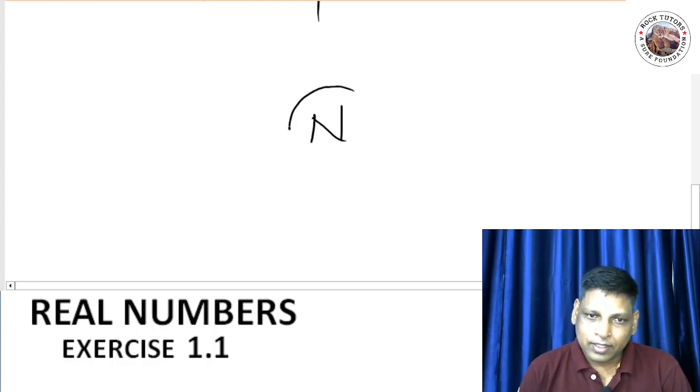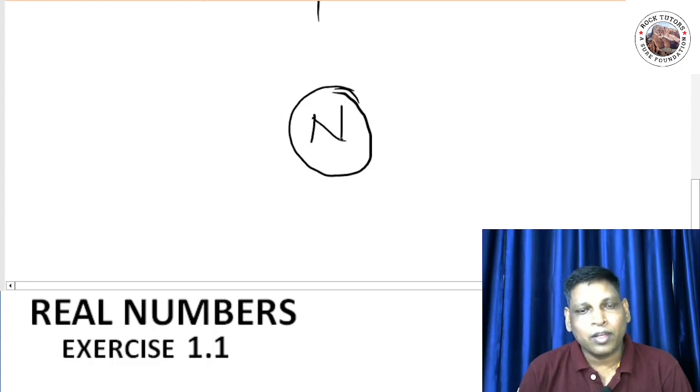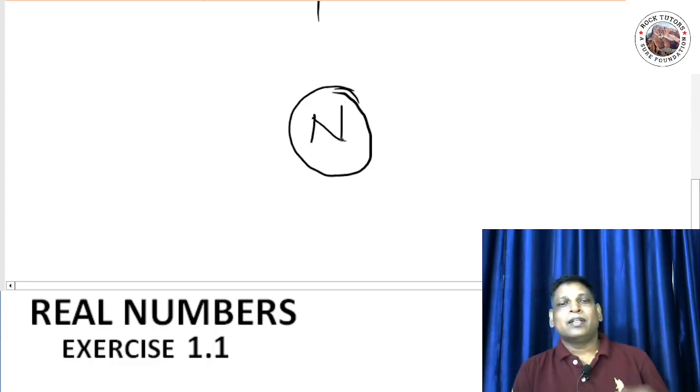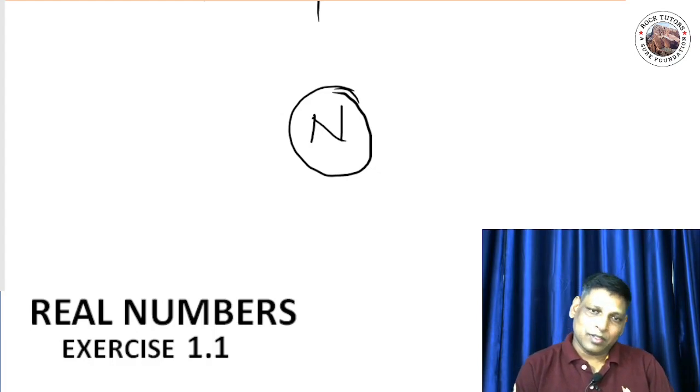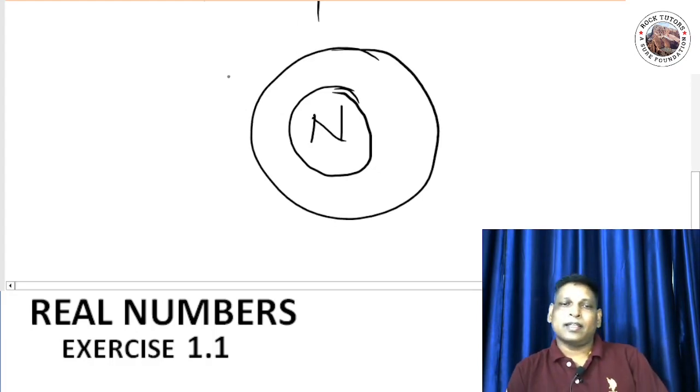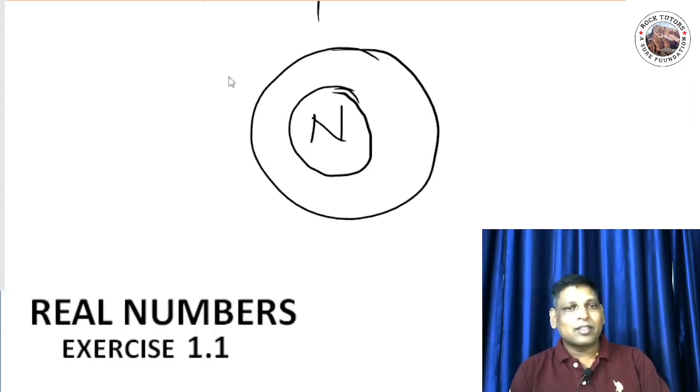And whole numbers, 0, 1, 2, 3, 4, are also rational numbers. Just now we saw that minus 5 is a rational number. Minus 5 is a negative number, and negative numbers are negative integers. So negative numbers are also integers.